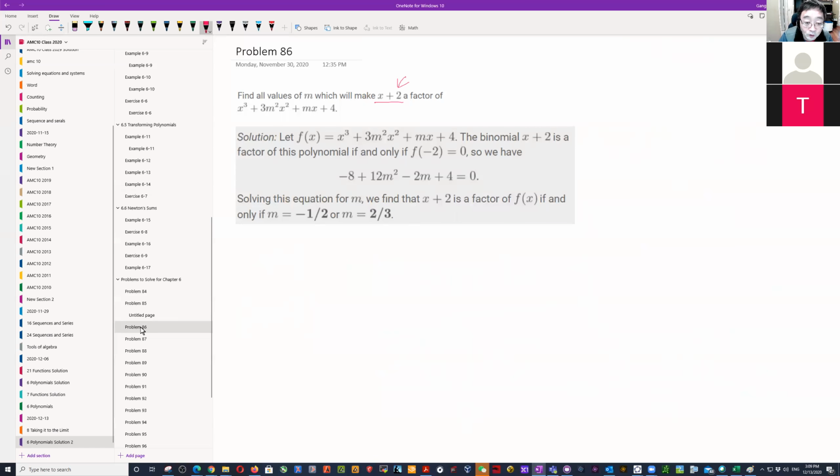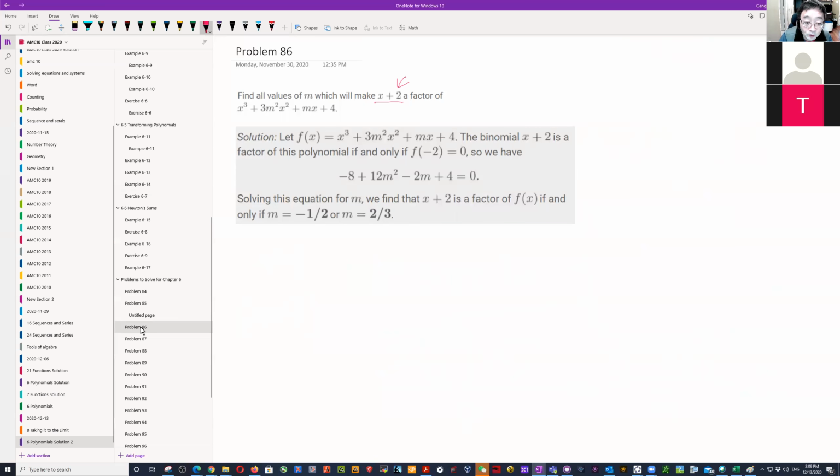So we plug in. f(-2), so -2 to the third plus 3 multiplied by m squared and -2 squared, plus m and -2, plus 4, is going to be equal to 0.